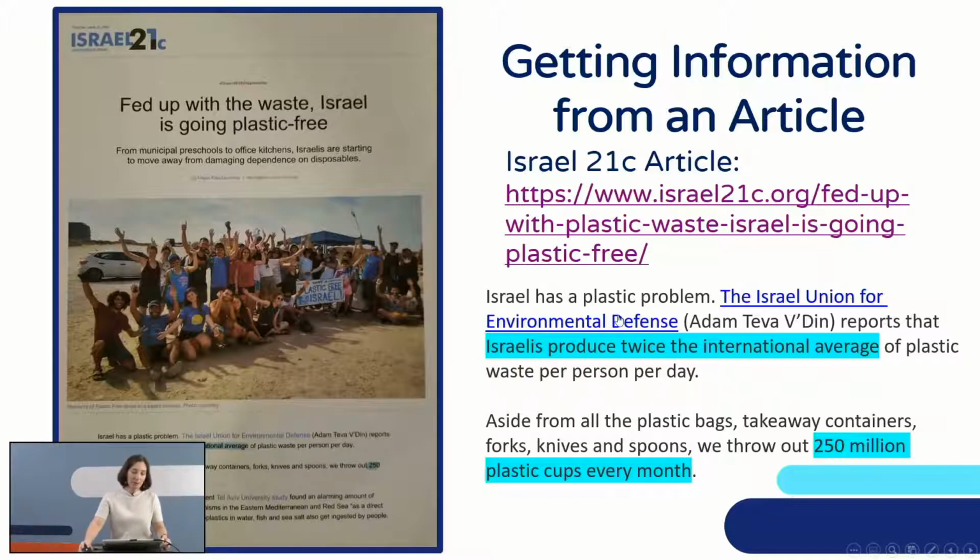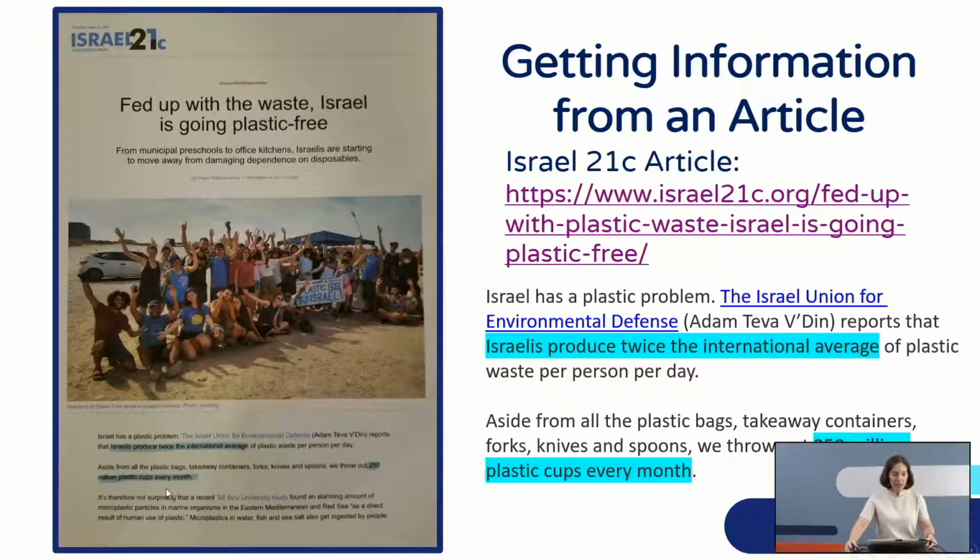So after I printed it, I looked at the first page and I saw two things that I wanted to highlight. Okay, let's take a look. It says, Israel has a plastic problem. Great, I know this is about my topic. The Israel Union for Environmental Defense reports that Israelis produce twice the international average of plastic waste per person per day.